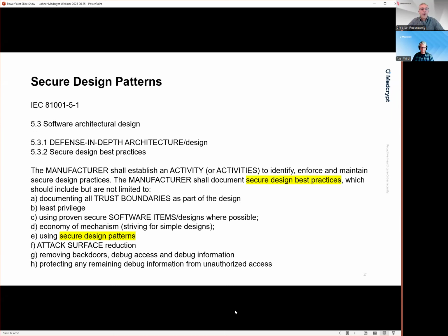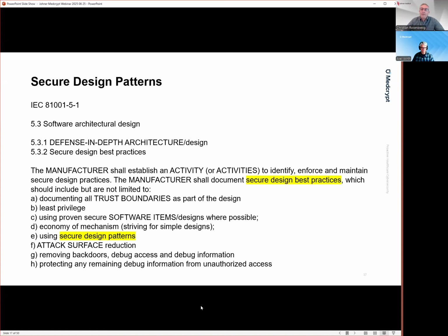There's another term that confused me first. Beside the secure coding, it talks about secure design patterns. And this is something that is mentioned in section 4.3, software architectural design. They first talk about defense in depth architecture and then secure design practices. And again, some design best practices are mentioned. And item E says using secure design patterns is kind of mandatory.